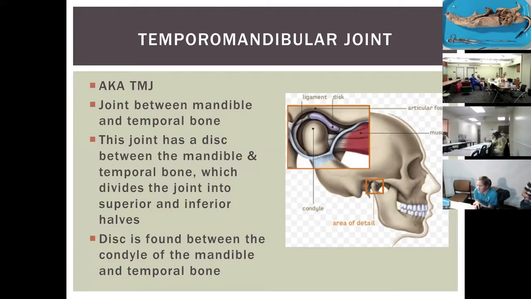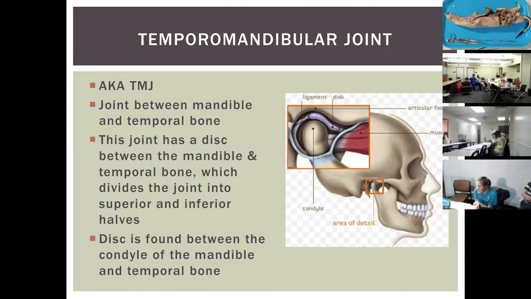The joint actually has a disc. So let me back up a minute. This is the area that we are zooming in on of the mandible. So it's between the condyle of the mandible and the temporal bone that you're going to find the disc for the joint. That disc divides it into a superior and inferior half.